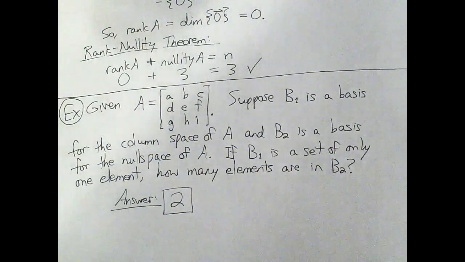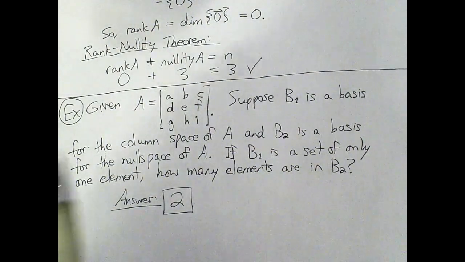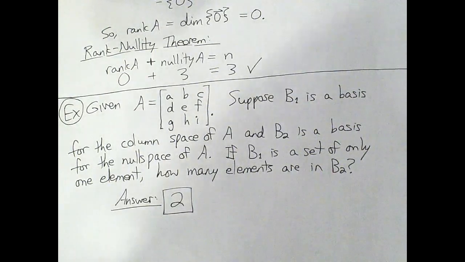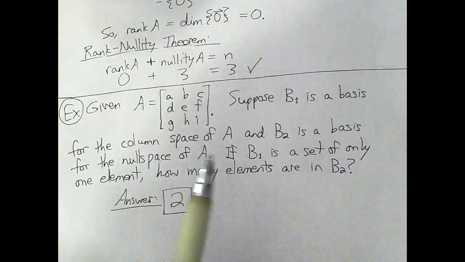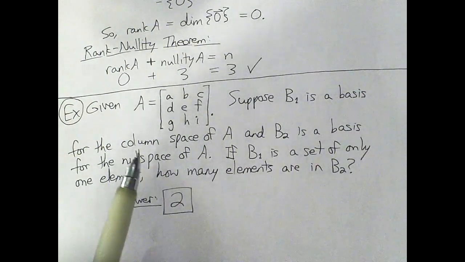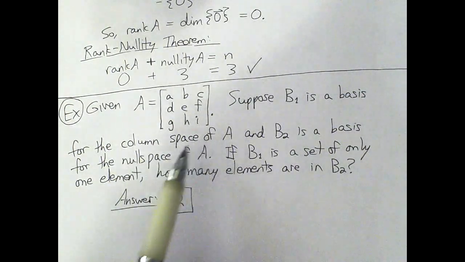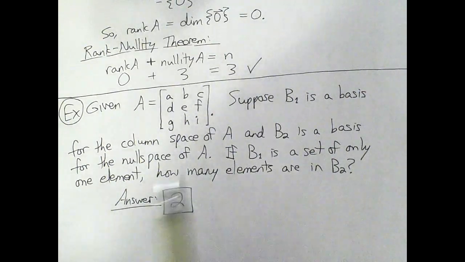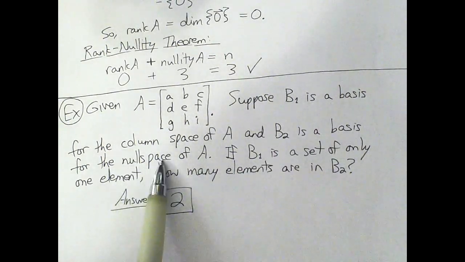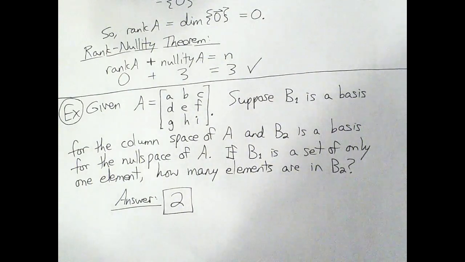All right, so I wrote this out just to give you a question that had a matrix where we don't know the entries, but really this is a simple problem if you think about it. The number of elements in the basis for the column space is known as the rank. The number of elements in the basis for the null space is known as the nullity.